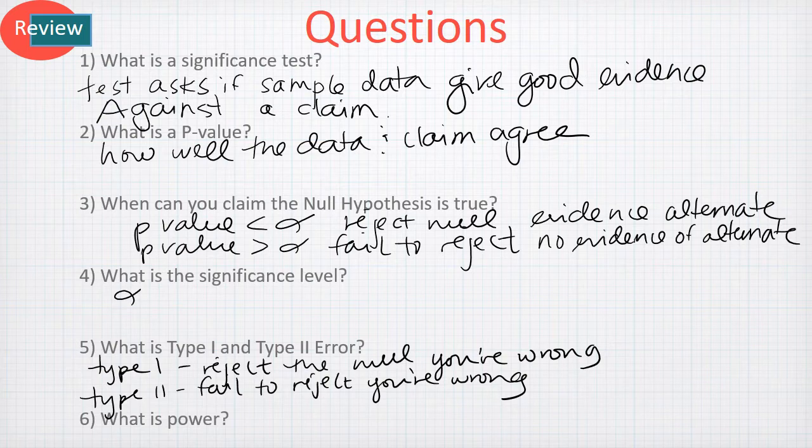So the power of the test against a specific alternative is essentially the probability that you will correctly reject the null when you should have correctly rejected the null. So this is essentially the sensitivity of the test, if you will. It's the ability for you to recognize that the null is wrong correctly. That's all power really is.